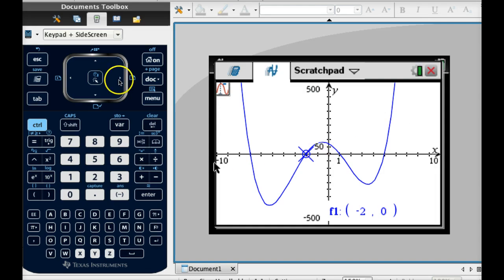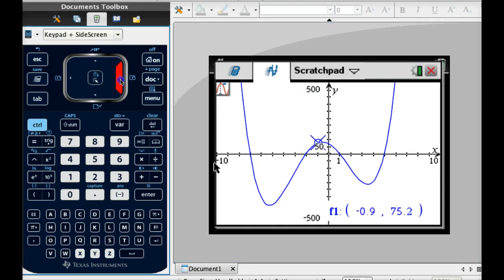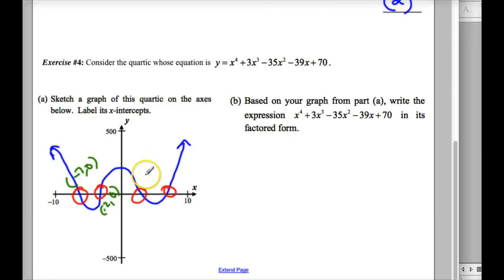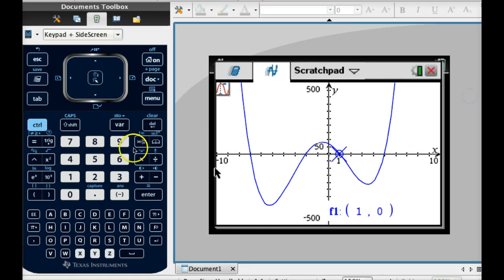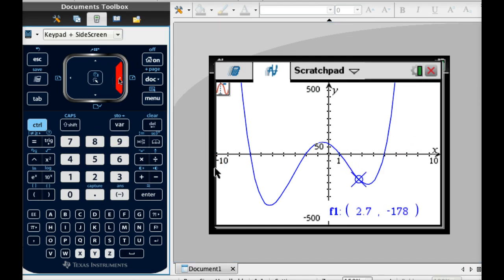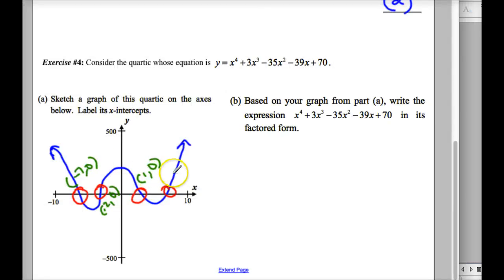Then I want to keep it going to my next point. Remember, it's where they said 0, which is at 1, 0. So this is 1, 0. And then the last point, because they intersect, notice that they intersect at 4 spots. That's 4 places, and that's 5, 0. So that's my graph, and that is my labeled x-intercepts.